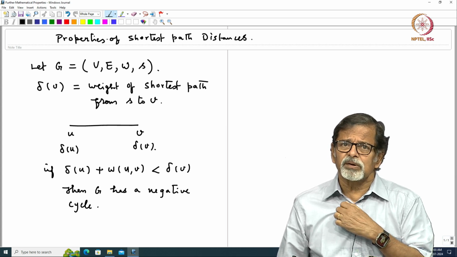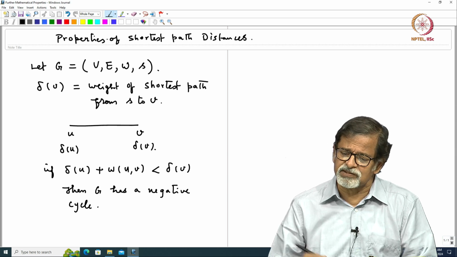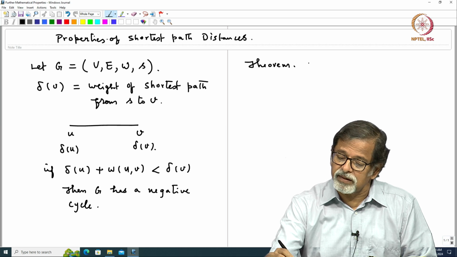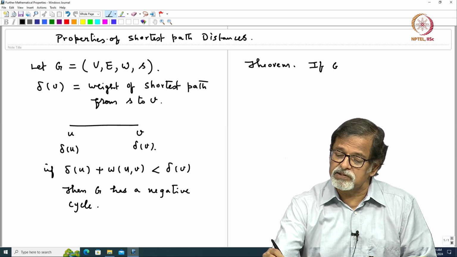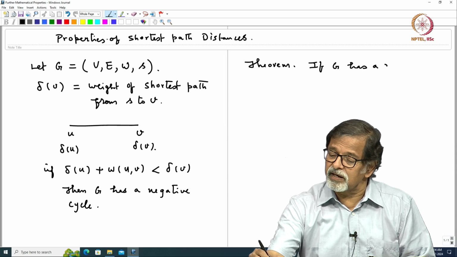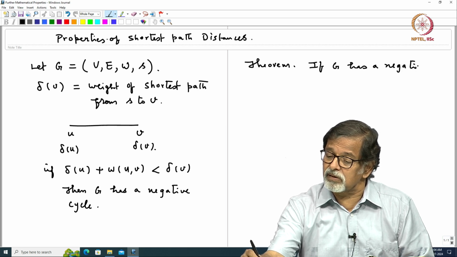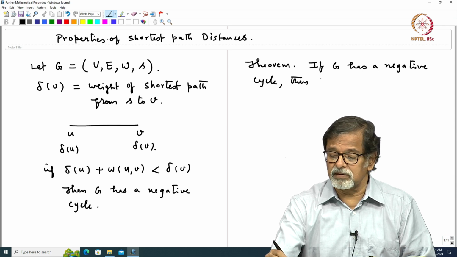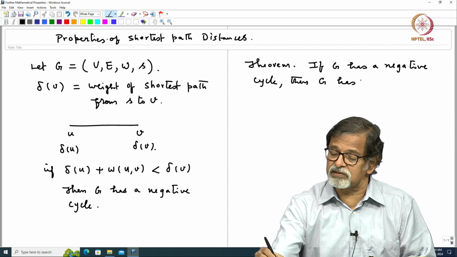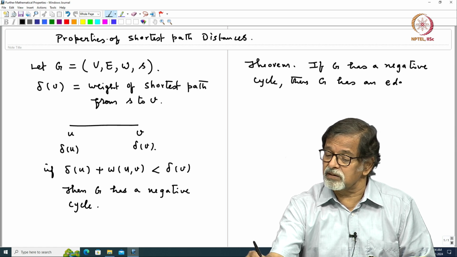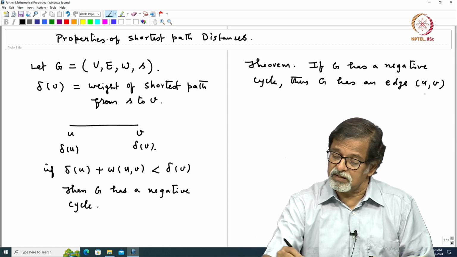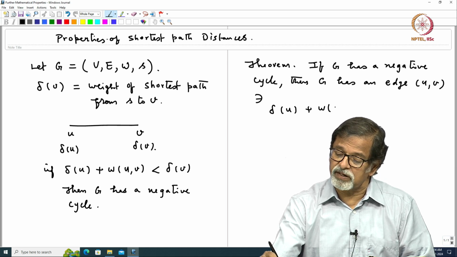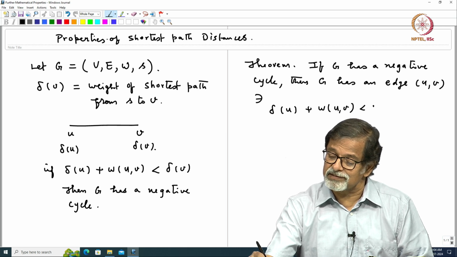We are going to look into a kind of a converse for this. That will be our next theorem. If G has a negative cycle, then G has an edge uv such that delta u plus weight of uv is less than delta v.